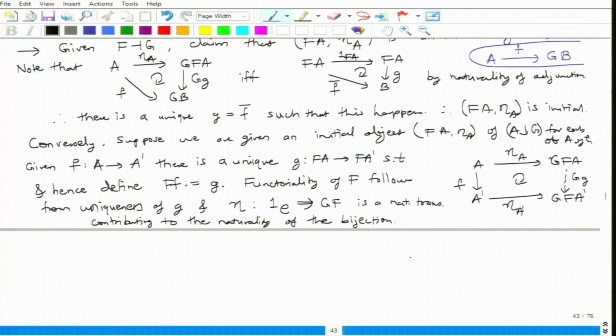Yes, so now what happens is that given f from A to GB in C, there exists a unique g from FA to B such that this particular triangle commutes. Because we are working in the arrow category, everything becomes easy.